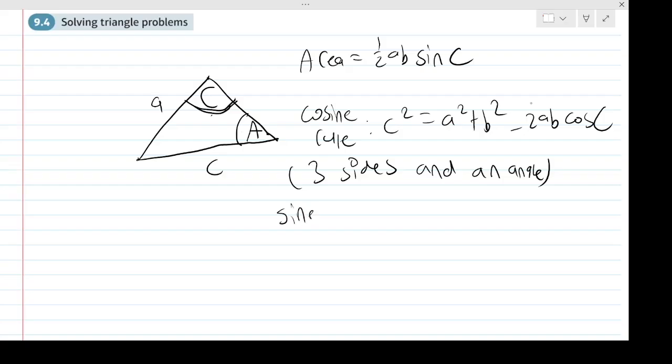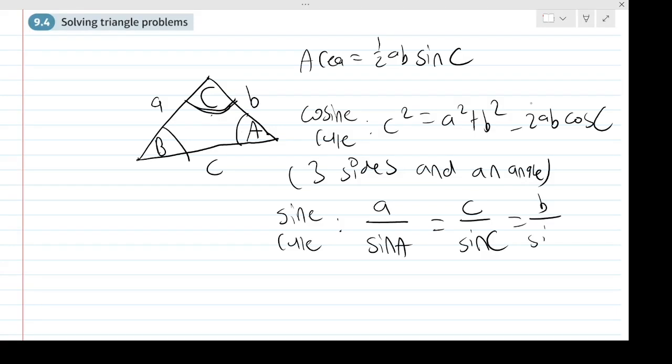So the sine rule is: little a over sine of big A is going to equal c over sine of C. And actually, if we had this side b and the angle opposite it, capital B over here, it would also be little b over sine of B. So that is the sine rule, where we can relate a side and the opposite angle to that side in this way.